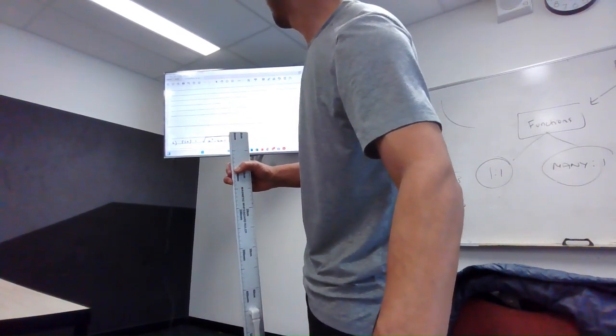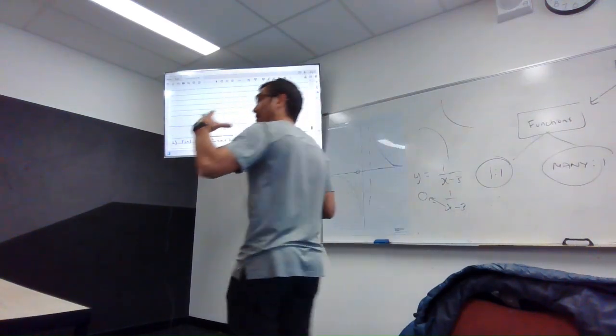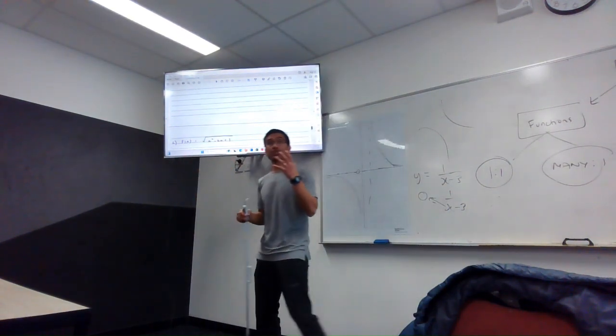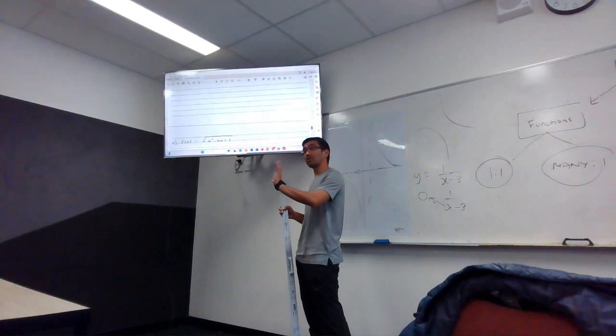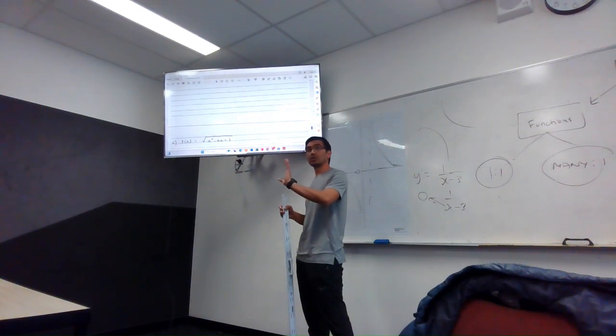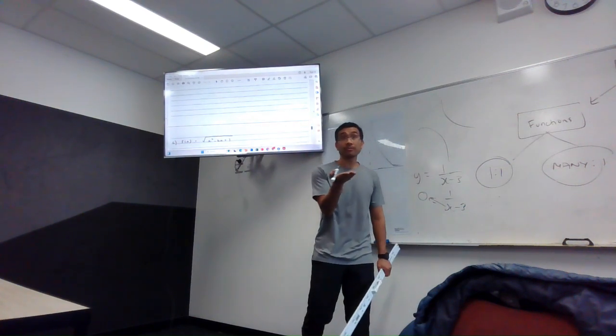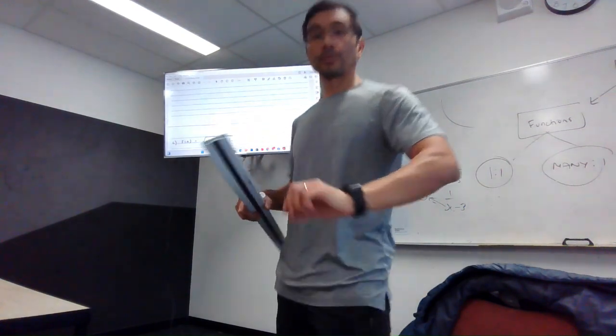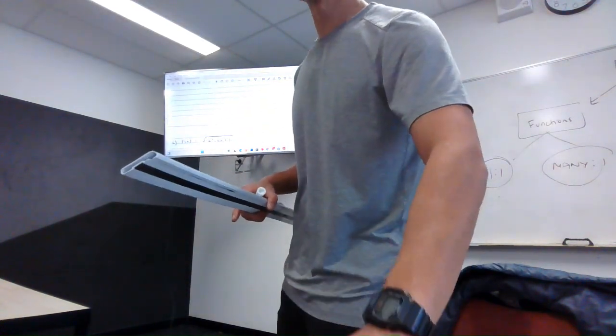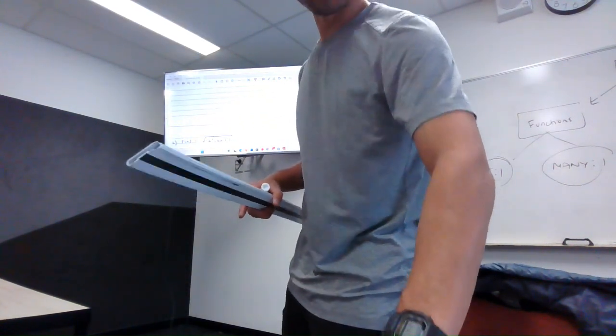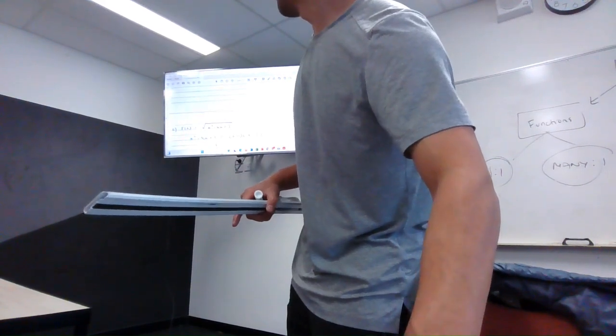Square roots. Now, without graphing, let's ignore the square root for the moment. x squared minus 4x plus 3. What's that graph? What's the graph in the square root? It's quadratic.